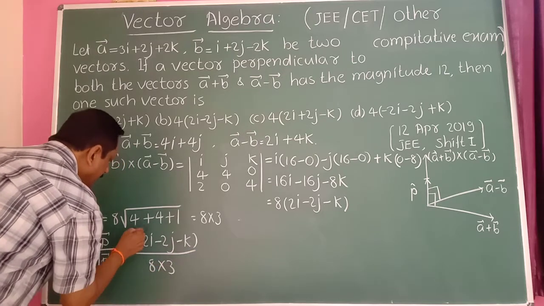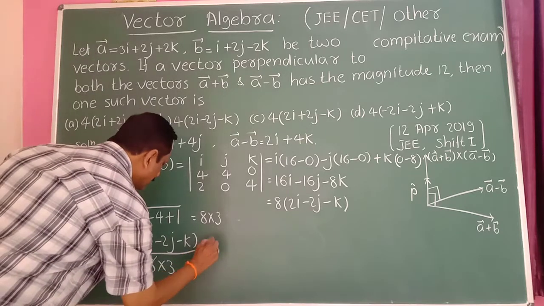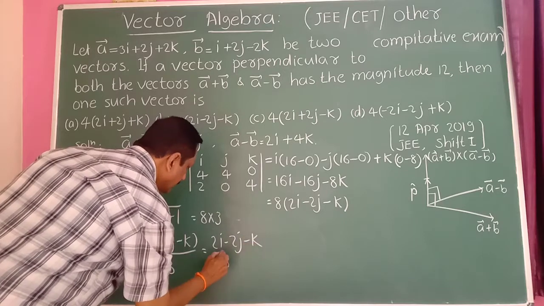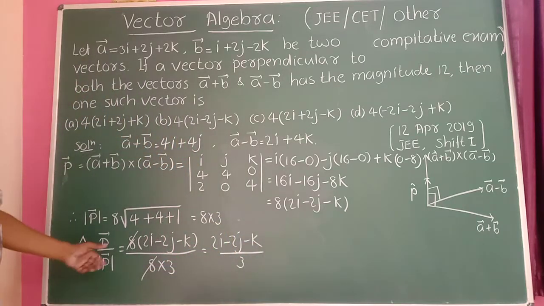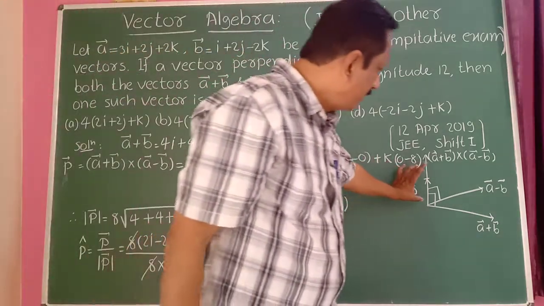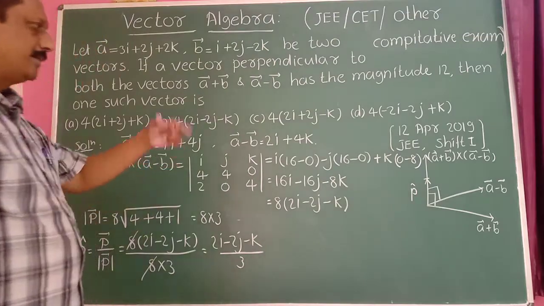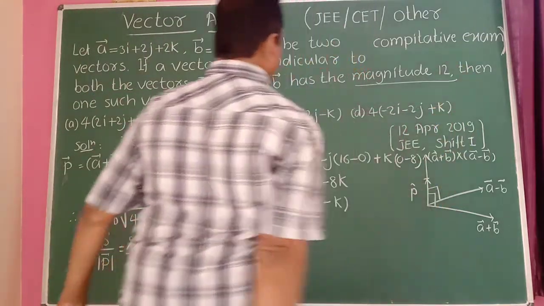Here 8 and this 8 cancel. Hence this is equal to 2i minus 2j minus k divided by 3. This is the unit vector. Unit vector means its length is 1 unit. If you multiply by 12, then you will get a vector of magnitude 12 units. Here we want a vector of magnitude 12 units.